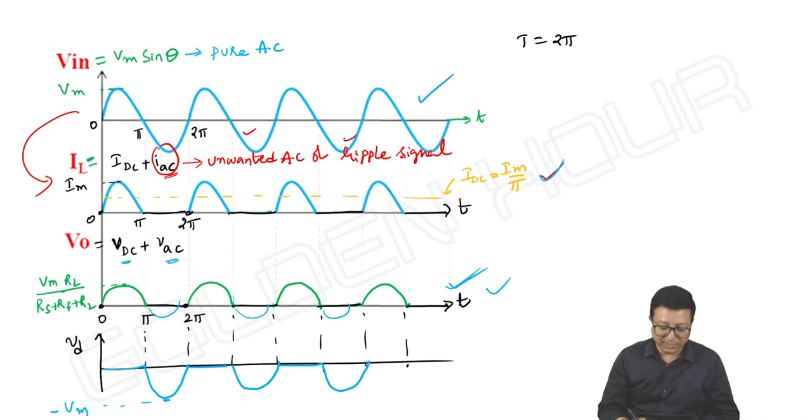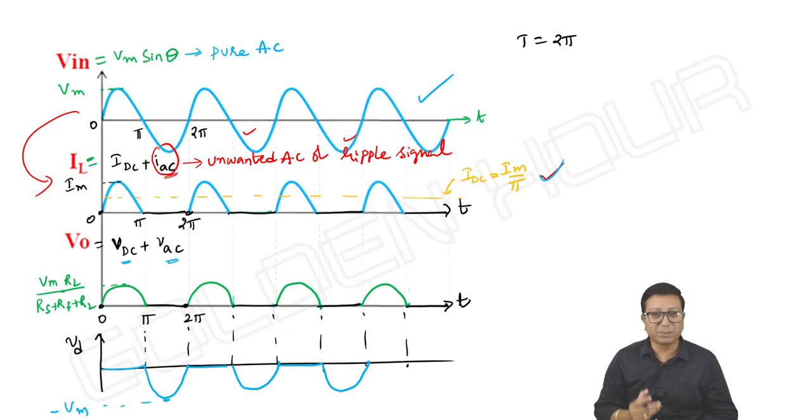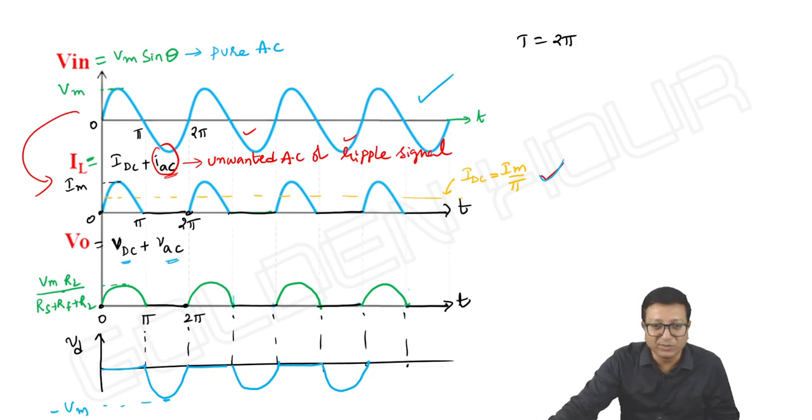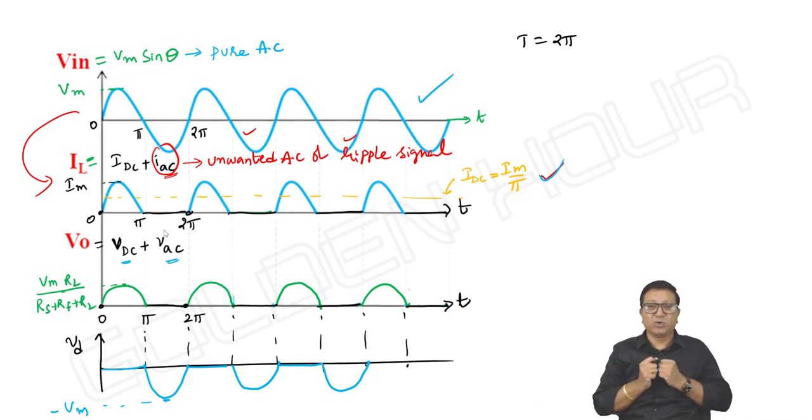But here the diode is a unipolar, unidirectional device. It doesn't allow the flow of current in the opposite direction. It allows flow of current only in one direction. That property we are using in generating some DC. So we have got some DC. During negative cycles, the diode is taking the responsibility of holding the signal.